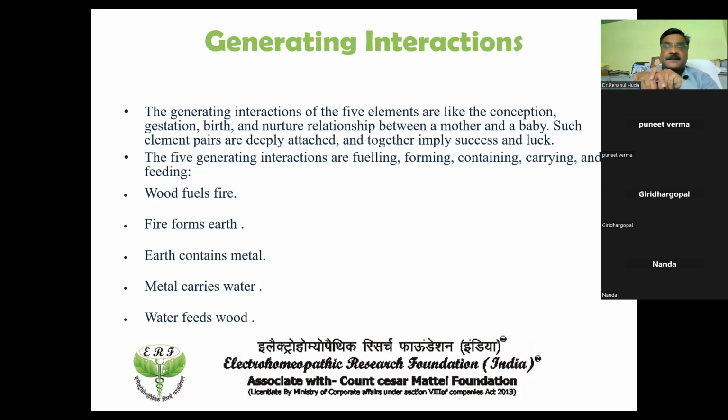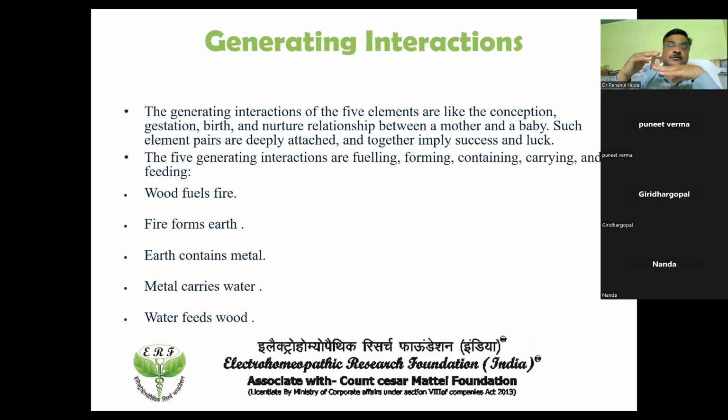The five element generating interactions are fueling, forming, containing, caring, and feeding.